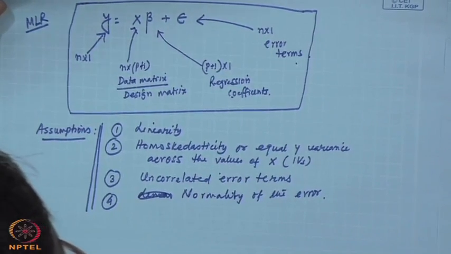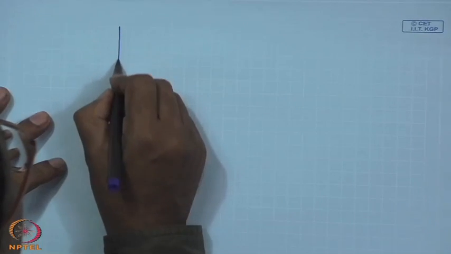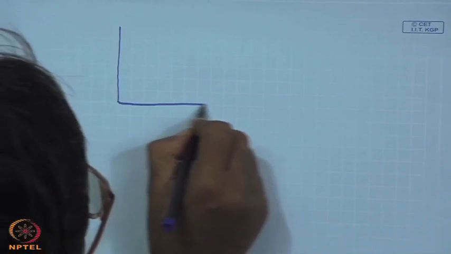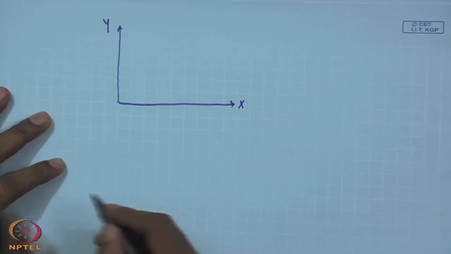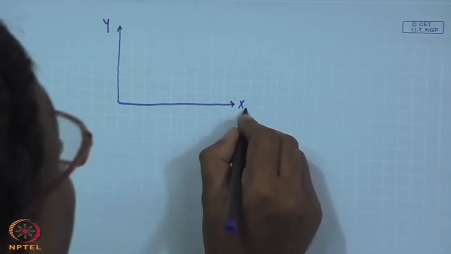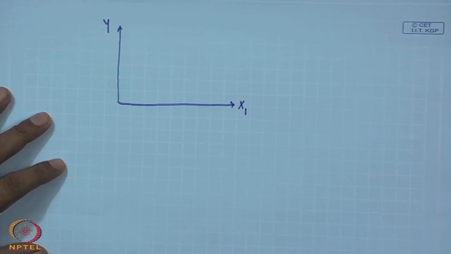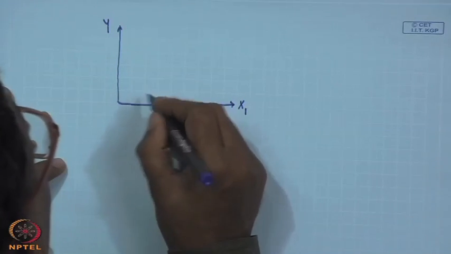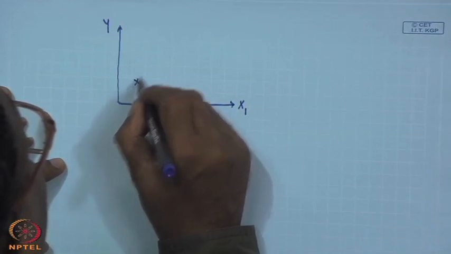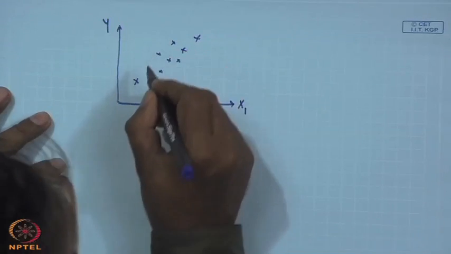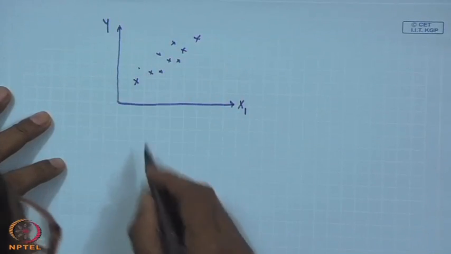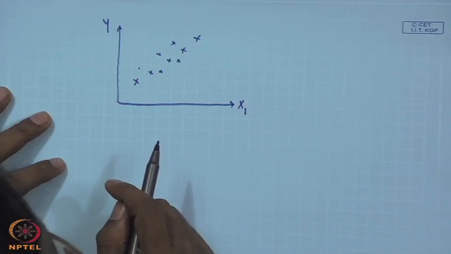So, first understand what linearity is. Consider your relationship y versus x, for example x1. When you plot the data, suppose you are getting this type of relationship.